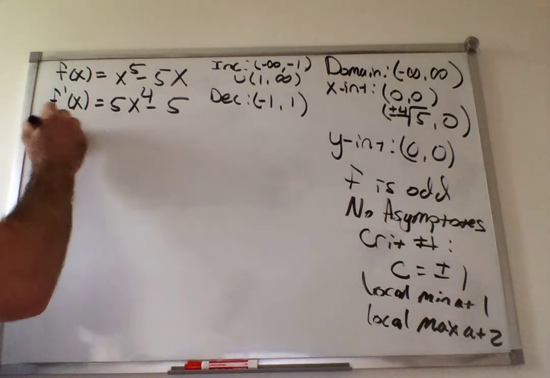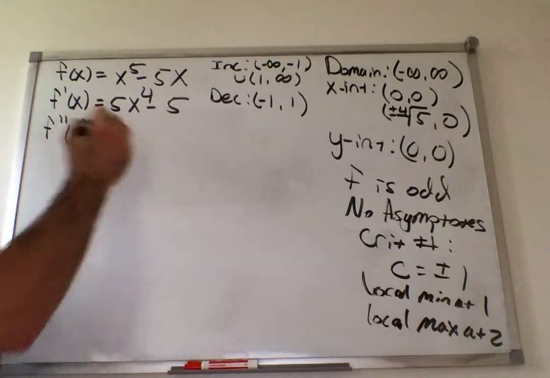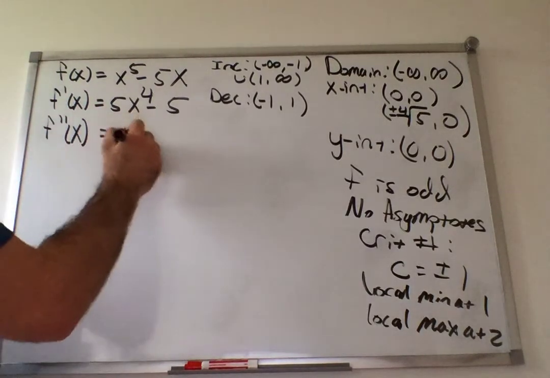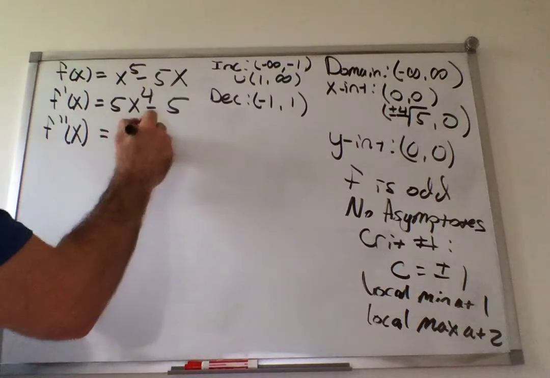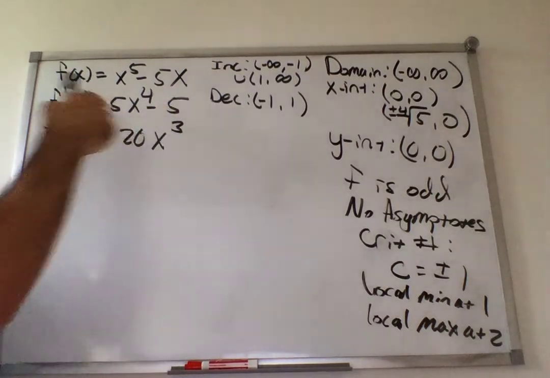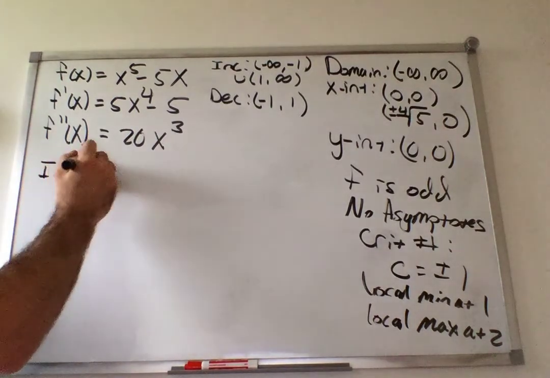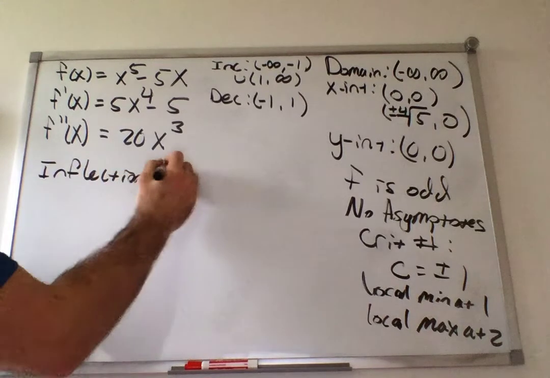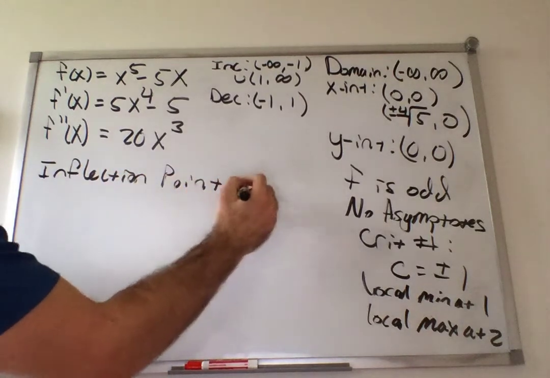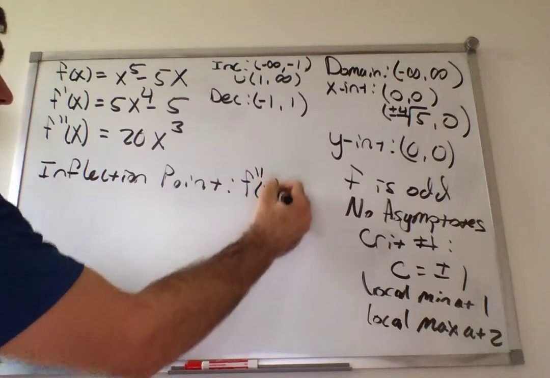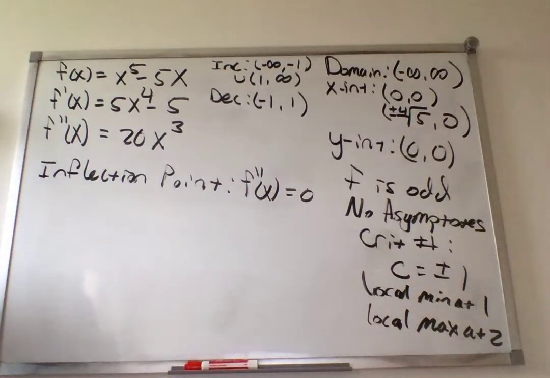If I want concavity, that's the second derivative: 20x to the third. All I did was take the derivative of f prime. Now, inflection points: you take the second derivative, set it equal to 0, and solve.